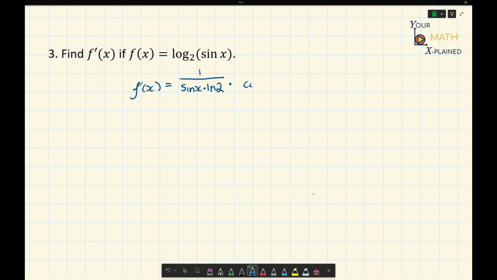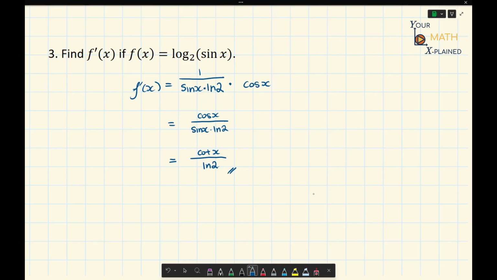So that is going to be times cos x, which means this is equal to cos x over sine x times ln of 2. And we can combine cos x over sine x into cotangent x, so which means our final answer here is cotangent x over ln of 2. Perfect. That wasn't too bad.